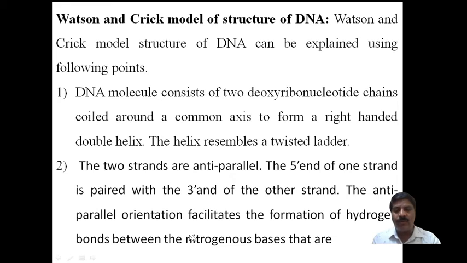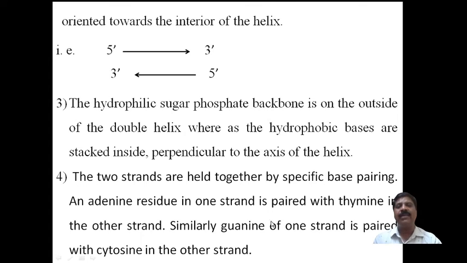The anti-parallel orientation facilitates the formation of hydrogen bonds. Due to the anti-parallel manner, the interaction takes place between the two anti-parallel chains using hydrogen bonds, with the nitrogenous bases oriented towards the interior.